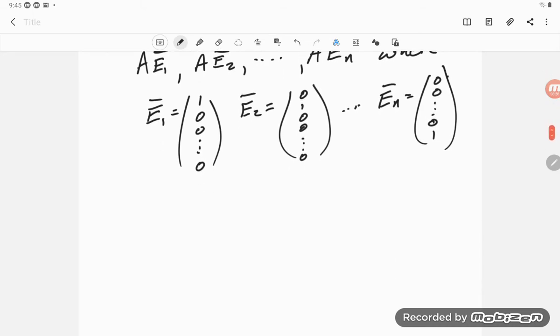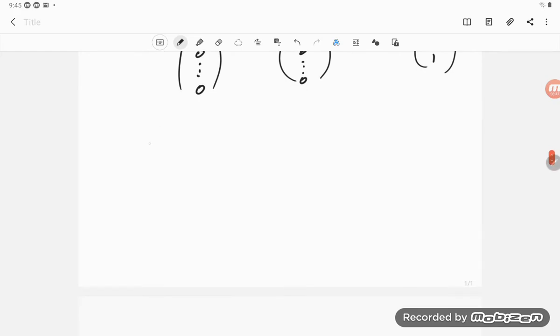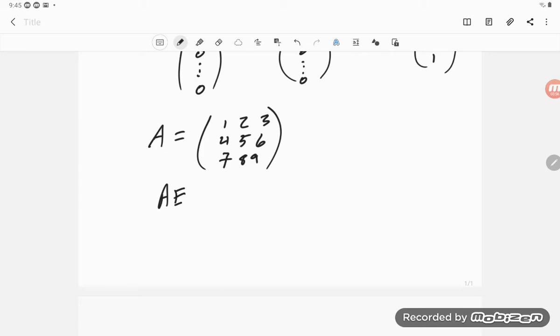Okay, and let's just look at a quick example, to look at some matrix multiplication. So take some matrix A that is maybe 1, 2, 3, 4, 5, 6, 7, 8, 9. So this is from R3 to R3. And notice if I take A times E1, that's 1, 2, 3, 4, 5, 6, 7, 8, 9 times 1, 0, 0.